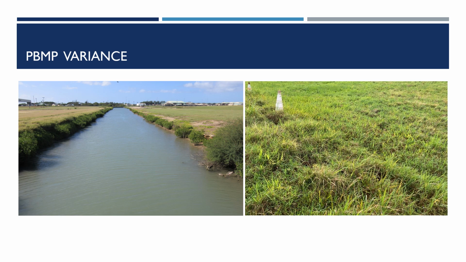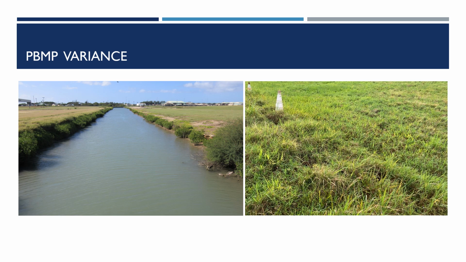An example of a qualifying PBMP variance is if the project is solely to address water quality improvement or preservation, such as shoreline protection, landscaping, PBMP installation retrofit, and permanent erosion control.